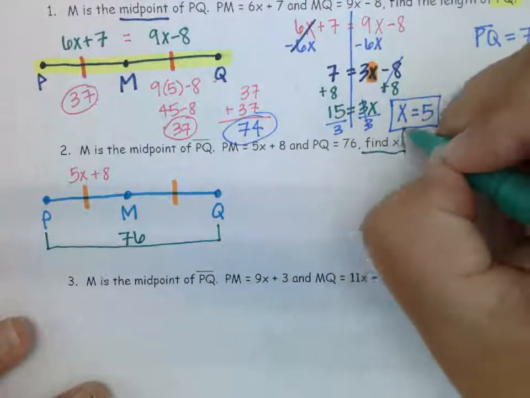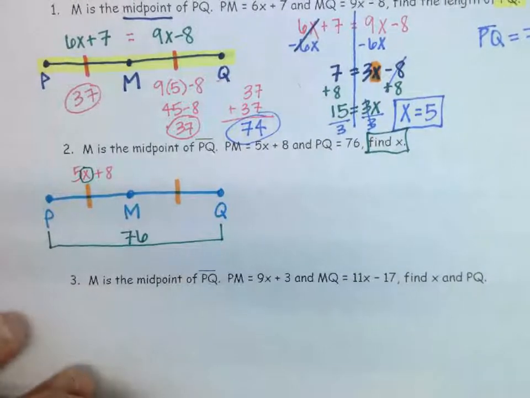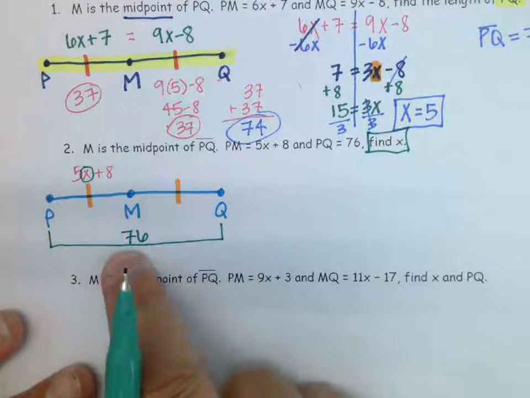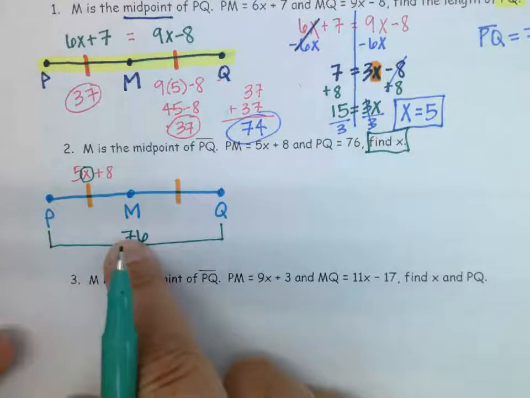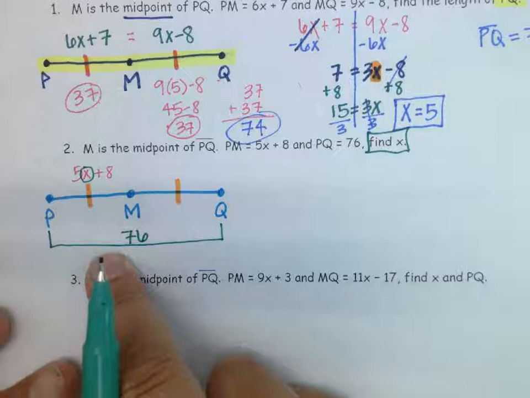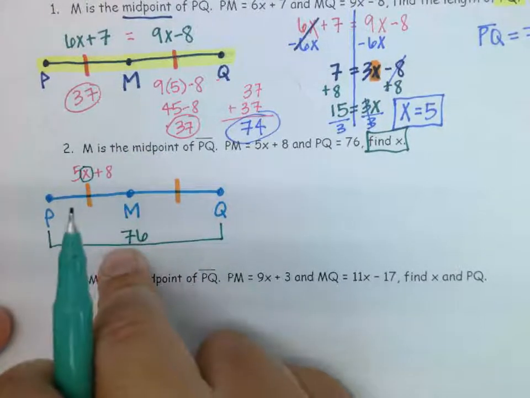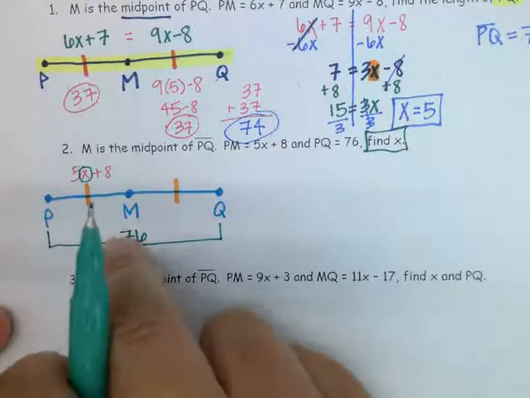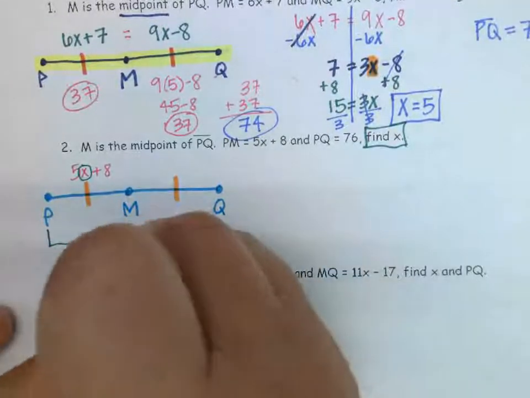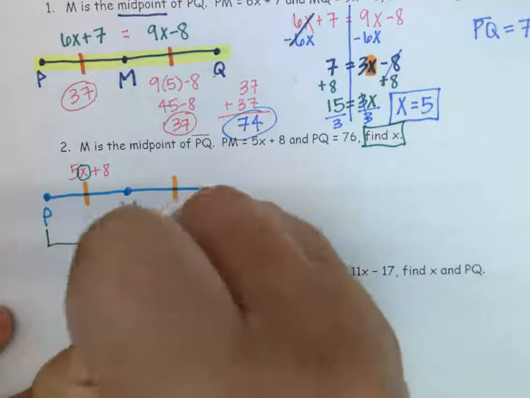They just want us to find x. So we're trying to find this little x right here. First of all, if the whole thing is 76, if I gave you a ruler and I said, here's 76 inches of a ruler, and I said, cut it in half at the midpoint, where are you going to cut it? Well, you would take 76 and divide it by 2.